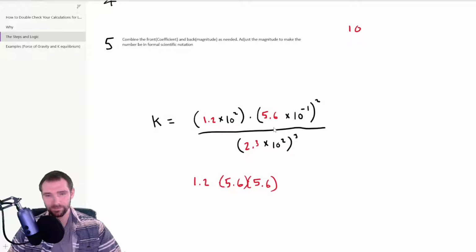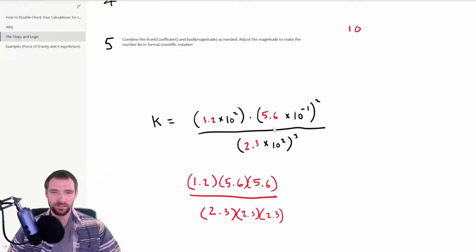Right? So you've got those on the top right there, and then you're going to have 2.3, and we've got three of those. It's that repeated multiplication. And then we've got another 2.3.